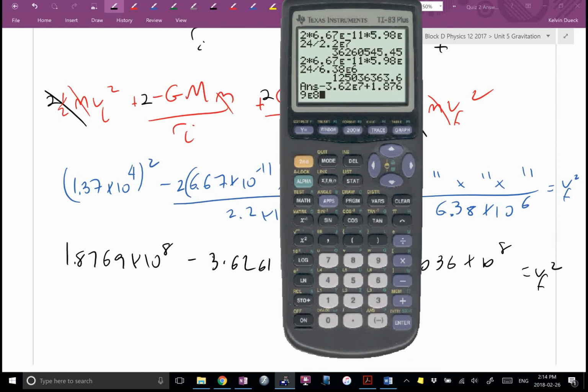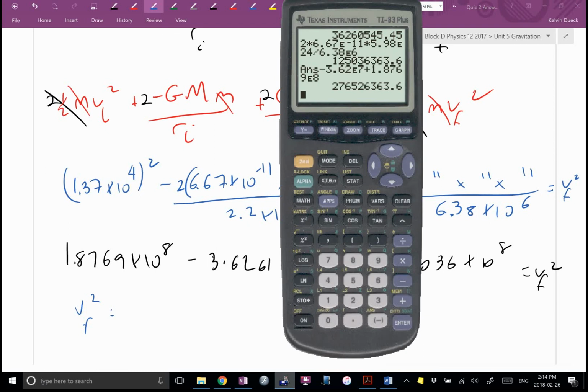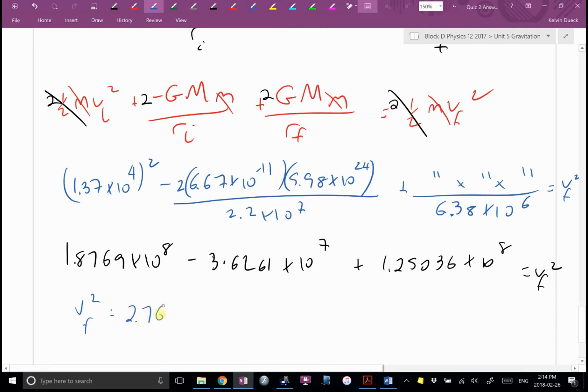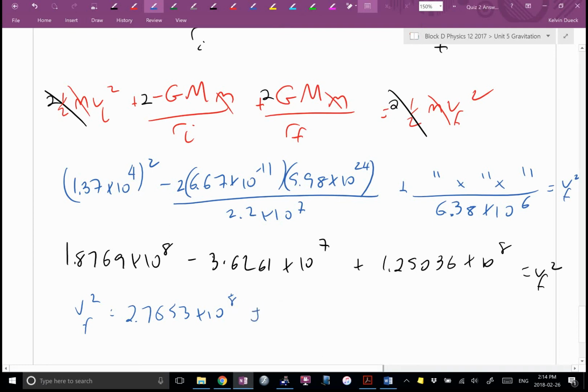Not take away, plus 1.8769 times 10 to the 8th. The answer was positive. So positive, take away negative, plus positive. I'm writing down everything because I can make a mistake here. V final squared equals 2.7653 times 10 to the 8th joules. Now what?